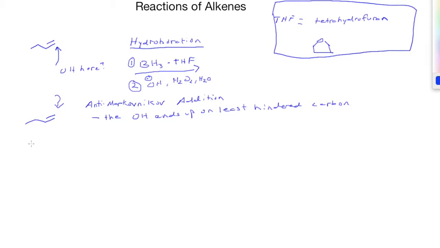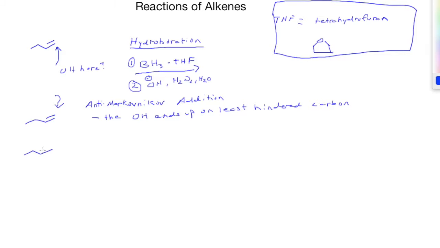Okay, so what that means now is that we have to have some different mechanism that's going to happen here. We don't have the same mechanism that we've been showing. And so what we need in this case is for our boron to show us what's going on here.